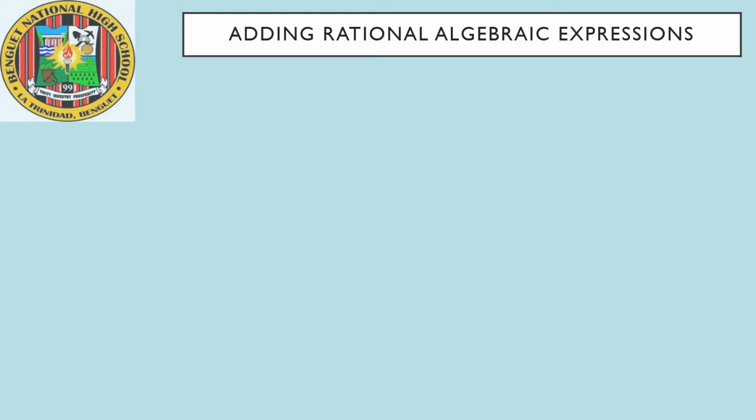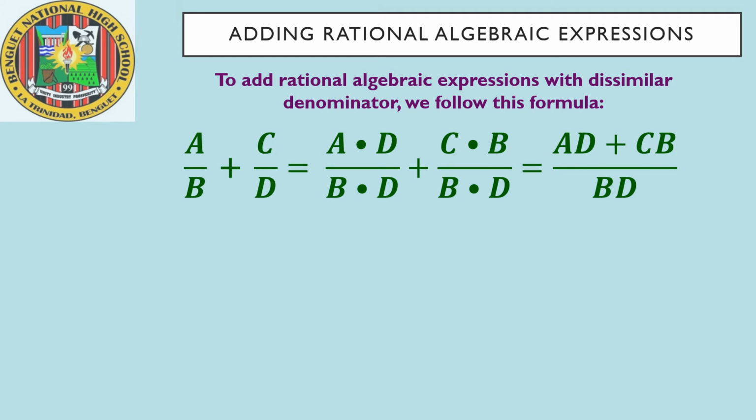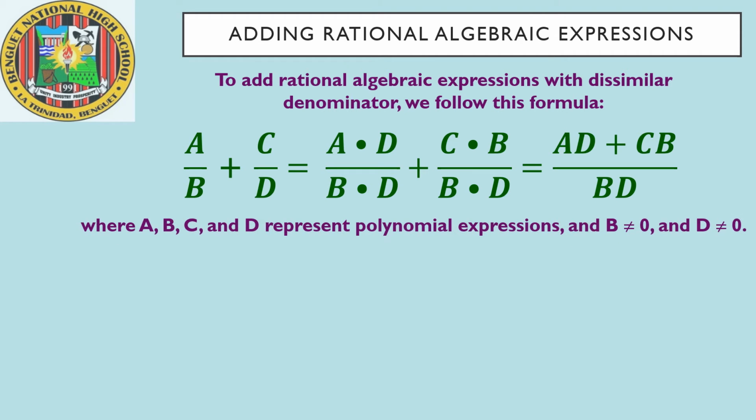If we add rational algebraic expressions with dissimilar denominators, we follow this formula. A over B plus C over D is equal to the product of A and D over the product of B and D added to the product of C and B over the product of B and D. This results to AD plus CB over BD, where A, B, C, and D represent polynomials, and where B and D are not equal to 0.